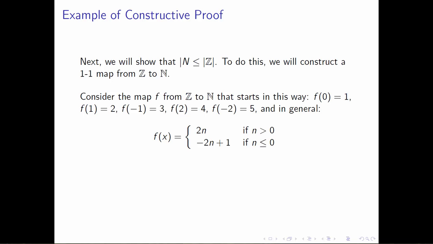And then let's zigzag back around to the other side of 0. And let's take -1 and let's send it to 3. Then let's hop back around and send 2 to 4 and -2 to 5. And we would keep cycling around 0 in this way. So we would send 3 to 6 and -3 to 7 and 4 to 8 and -4 to 9. And so on and so forth.